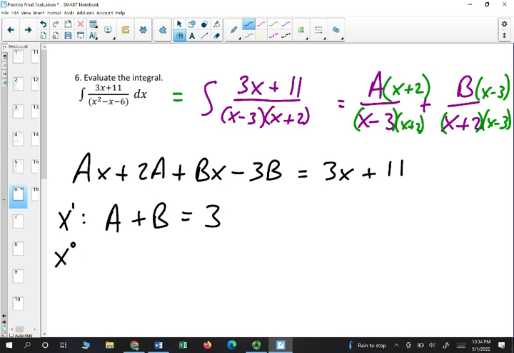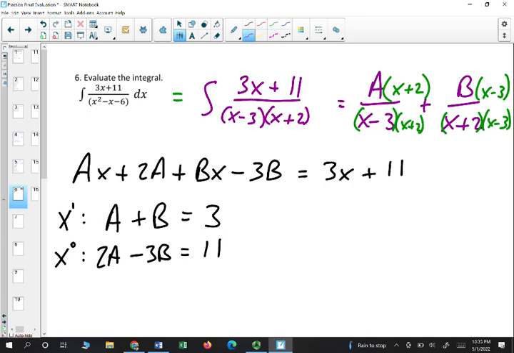Our constants, we have 2A minus 3B, and those constants will equal positive 11. Okay, so what we could do then is we can try to solve this system.